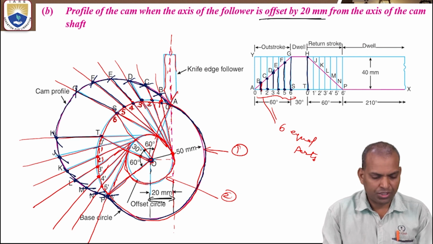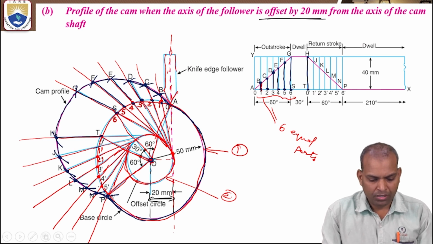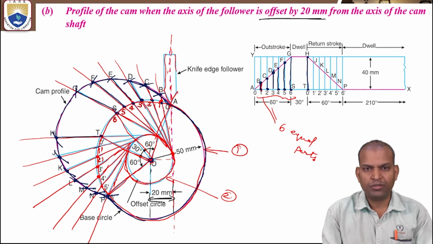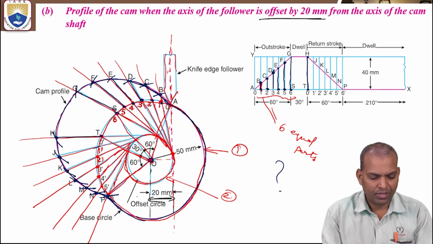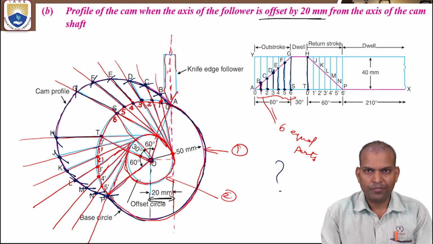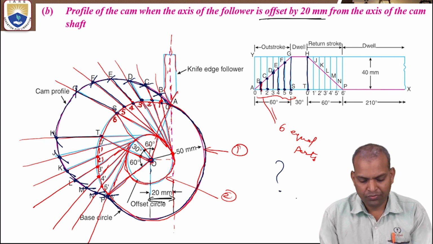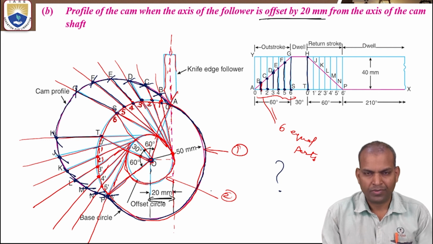It is very important to draw the cam profiles for offset motion. During offset motion, what is the maximum radius of the cam? The minimum radius of the cam is 50 millimeters, and what is the maximum radius of the cam? You have to find out. That is your question for you.